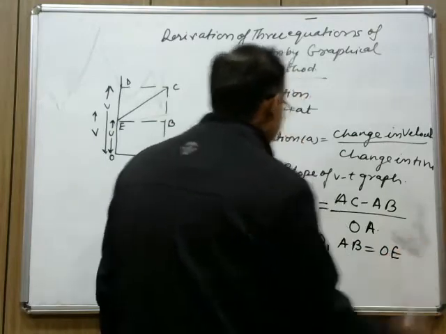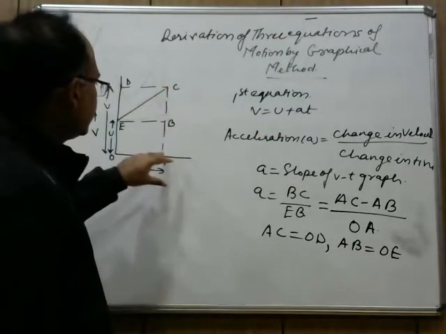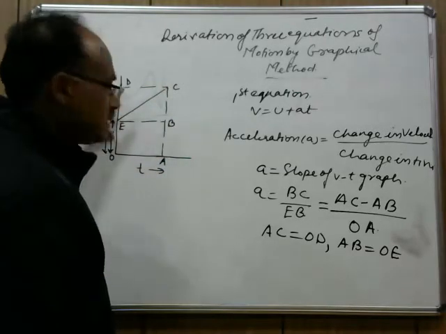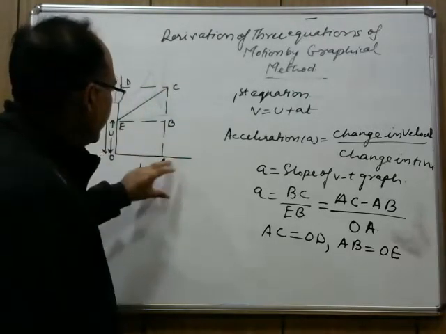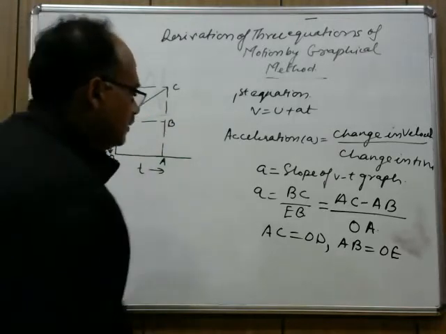Look into the figure. AC, this distance, is equal to this distance in the graph. AB is equal to OE, this is the opposite side of the rectangle.